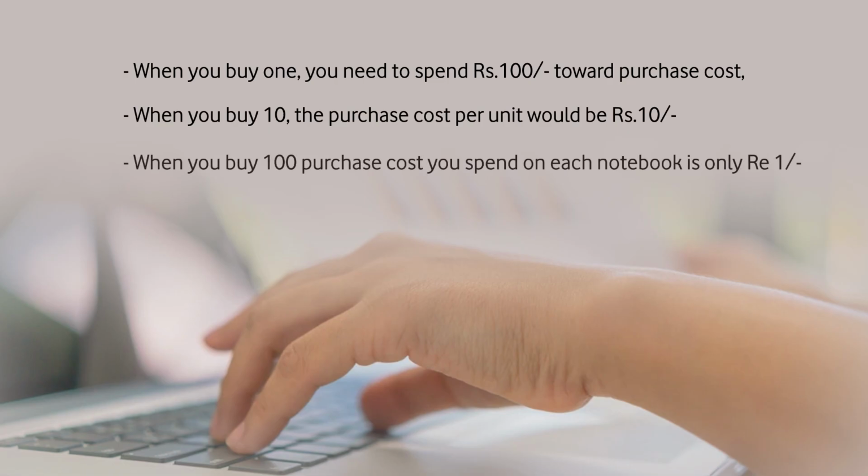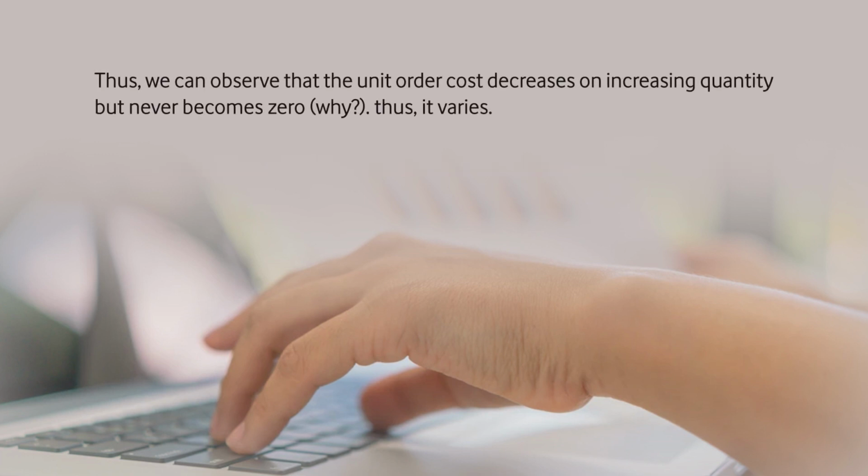And when you buy 100, you spend ₹1 per unit on the ordering cost. Thus, we can observe that the unit order cost decreases with increasing quantity, but never becomes zero.